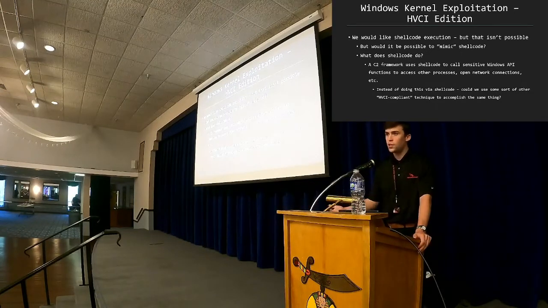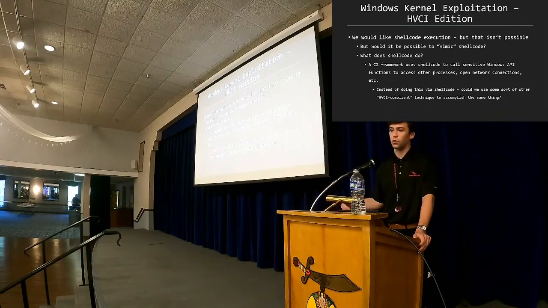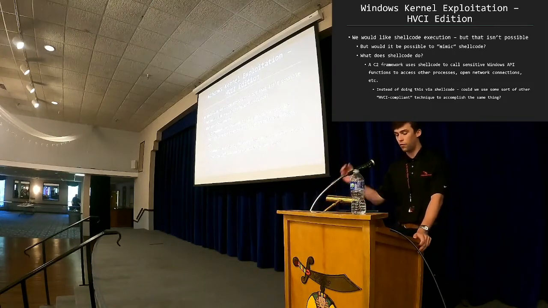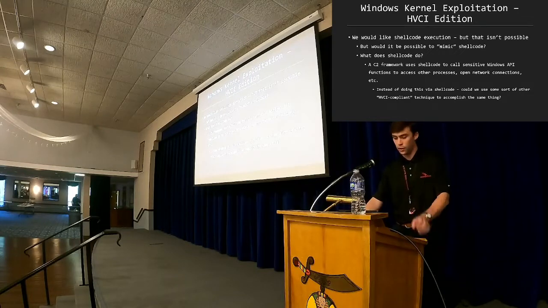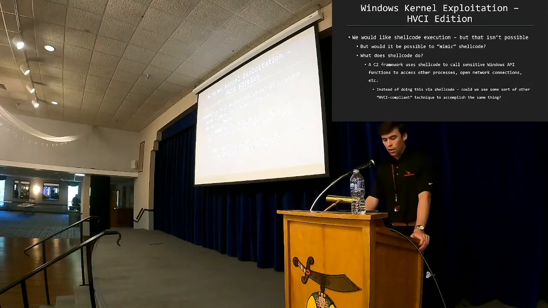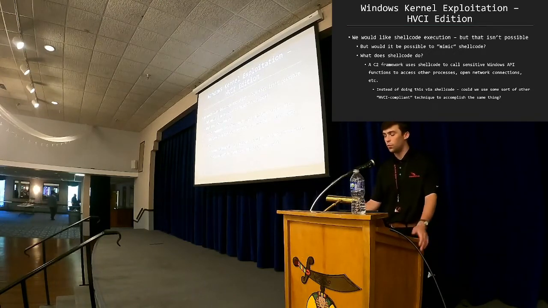They'll call into these APIs in ways they weren't intended to open up network connections, read files, write files, read memory from other processes like LSASS, for instance. So we know that's what we want to do with shellcode, but we can't actually execute shellcode. So what if we could do something that was HVCI compliant, but accomplishes the same thing of calling into Windows APIs?